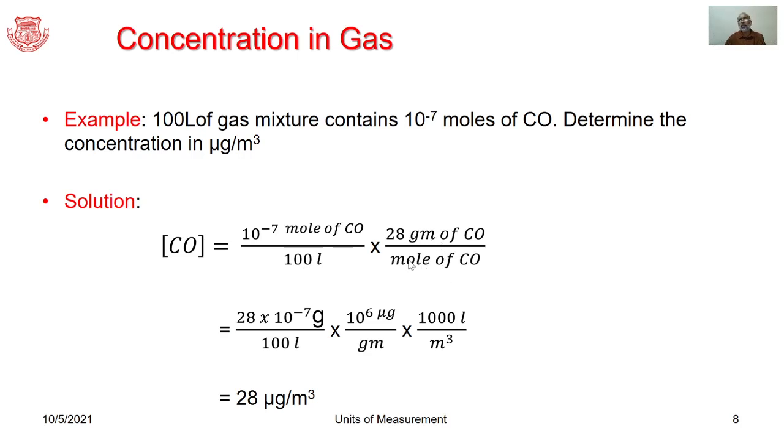Here we can consider 28 gram of carbon monoxide per mole of CO. As we convert these grams into micrograms, and convert the liters into cubic meters, we can work out the solution as 28 microgram per cubic meter.